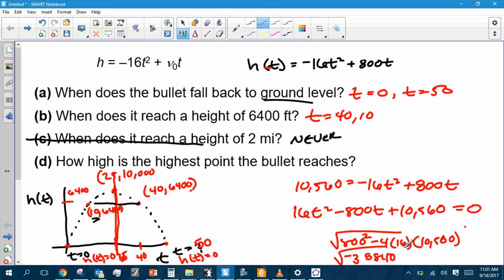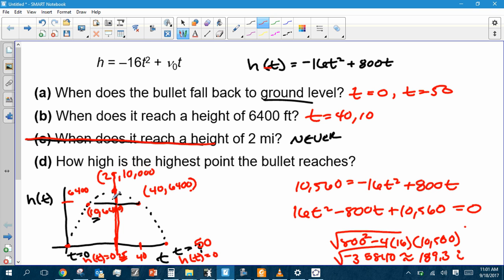If I take the square root of 35,840, it gives me approximately 189.3i, to the nearest tenth. But we can't graph that, which ultimately tells me that there is no intersection between that line and that parabola.